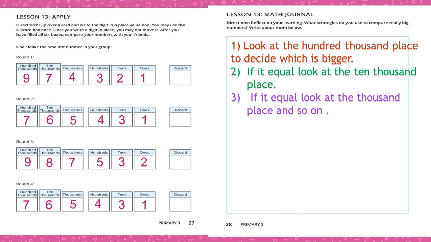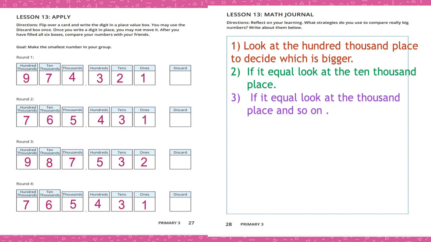Now our book page 27 and 28. Lesson 13. We have here a game like lesson 11, and we will pick some cards. The cards from 1 to 9, and try to form the greatest number from these cards. Each time I will pick 6 cards.